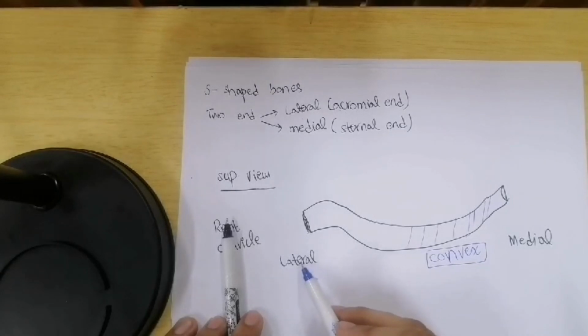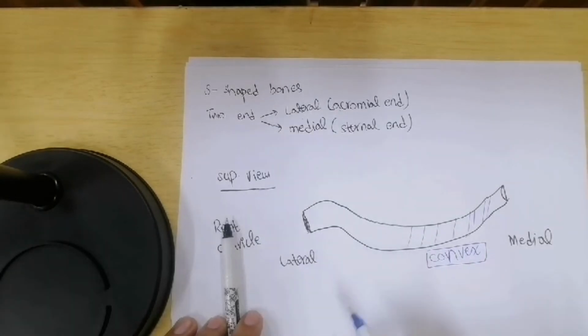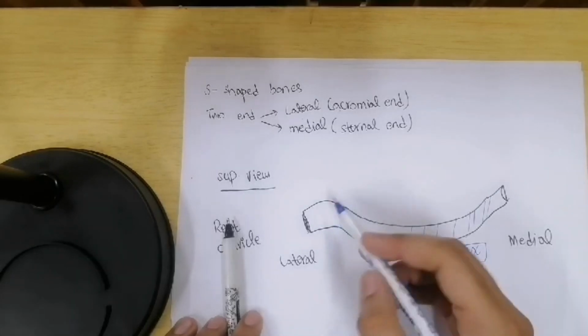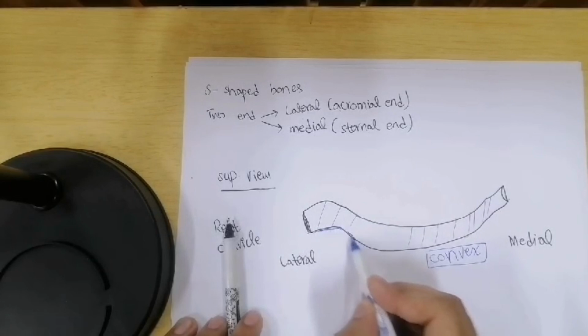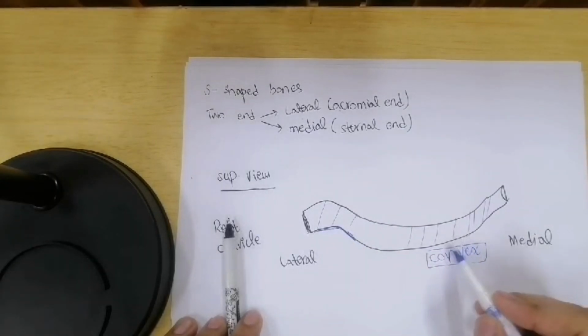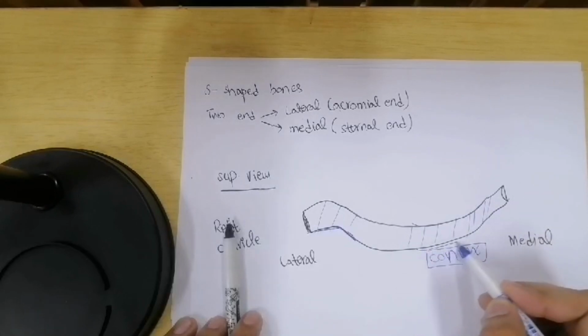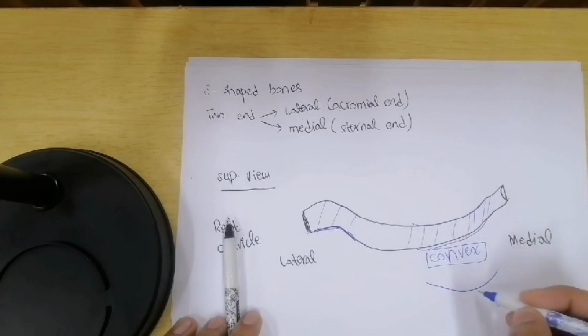If we talk about the lateral side, it is a little bit concave in shape, because its curve is directed inside. This curve is directed inside and this curve is directed outside.